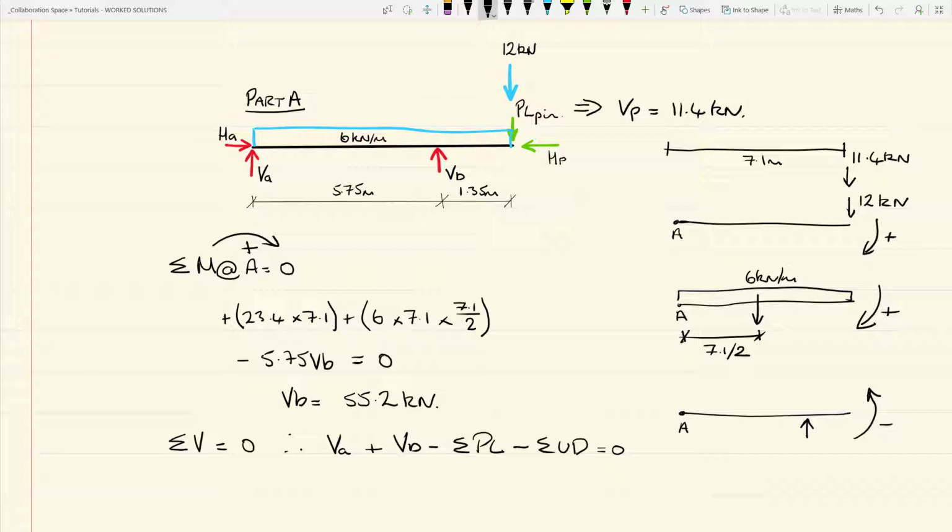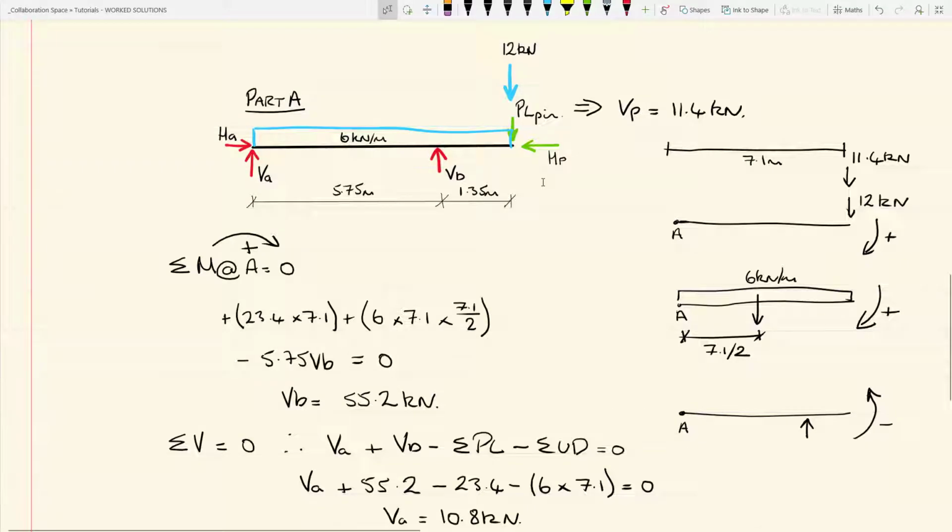So again, if we give this some numbers, VA is the unknown, plus 55.2 minus the sum of the point loads, so we've got minus 23.4, minus the sum of the UD loads. So we have the magnitude of the UD load times the distance over which it acts, and that equals 0. And then if we simplify that, VA equals 10.8 kilonewtons.